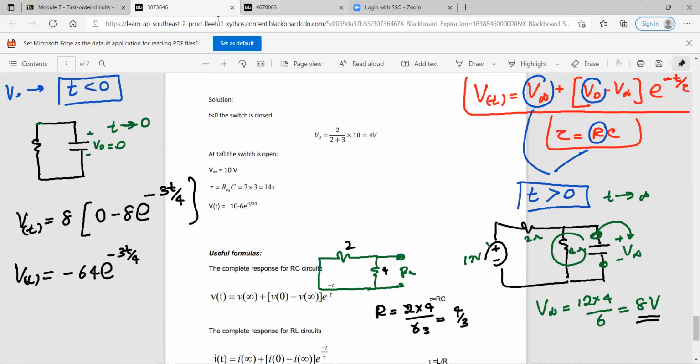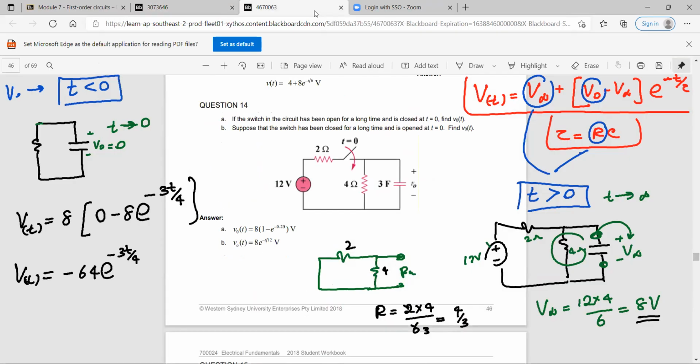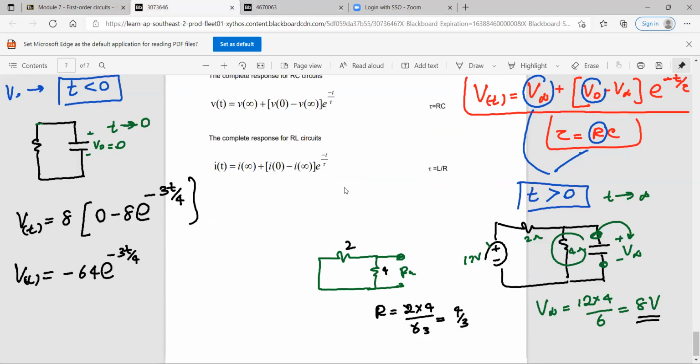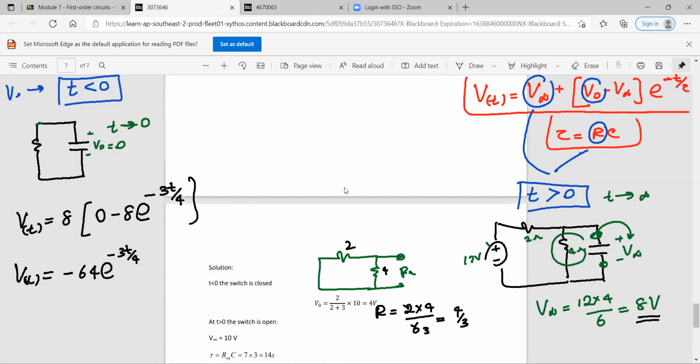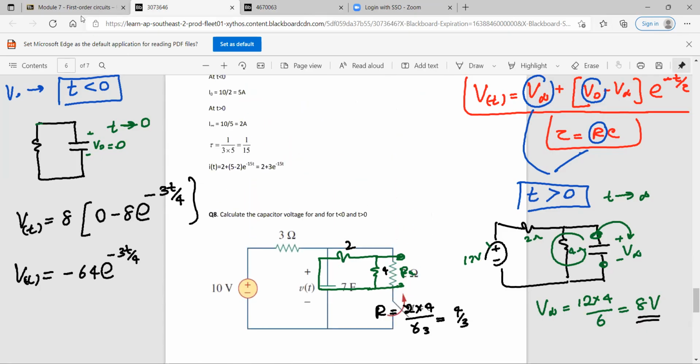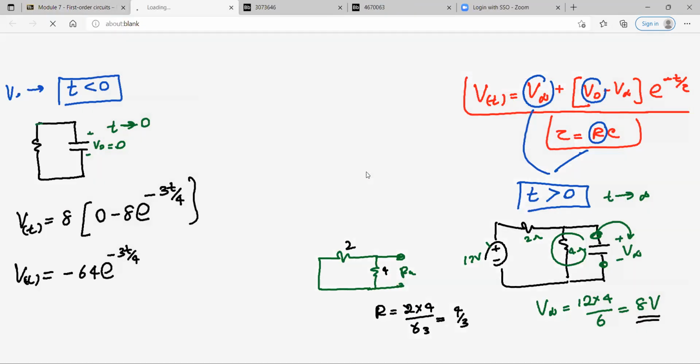Which one are we doing? Question number 14. They haven't done question number 14.